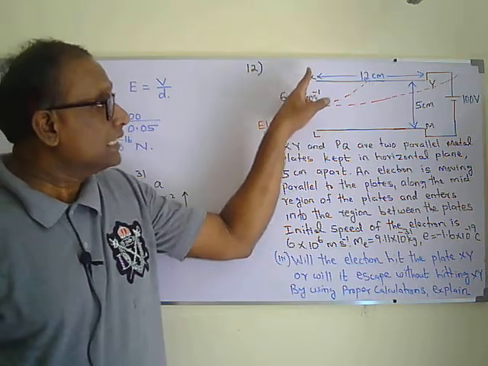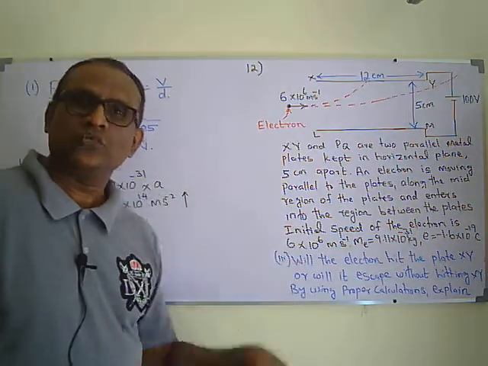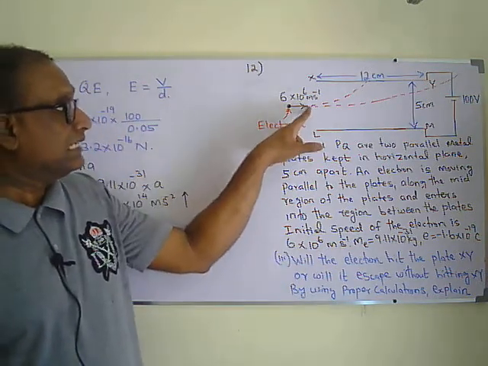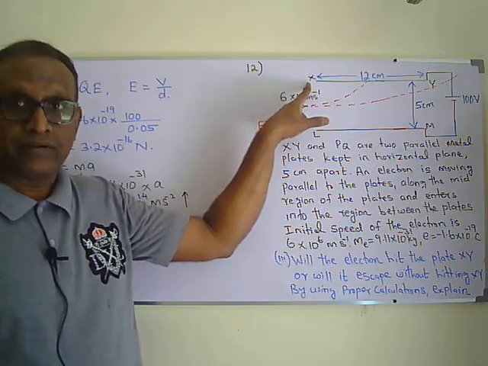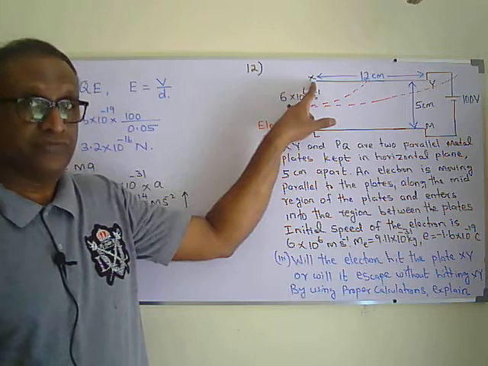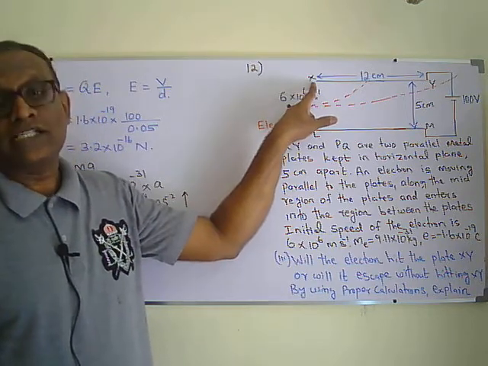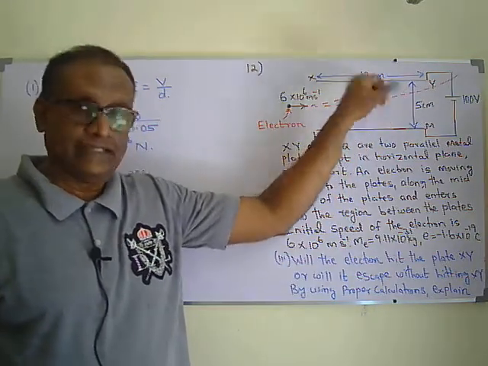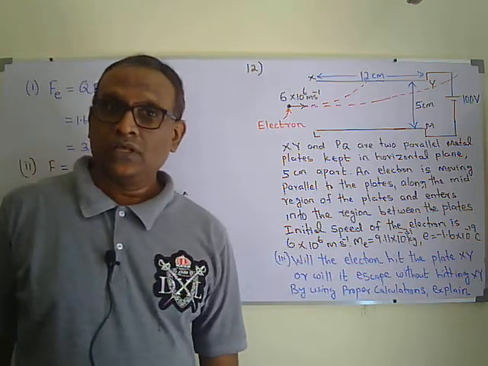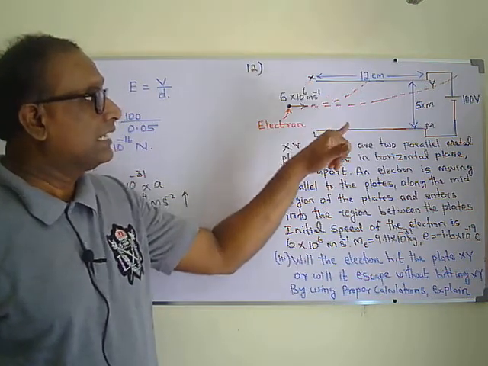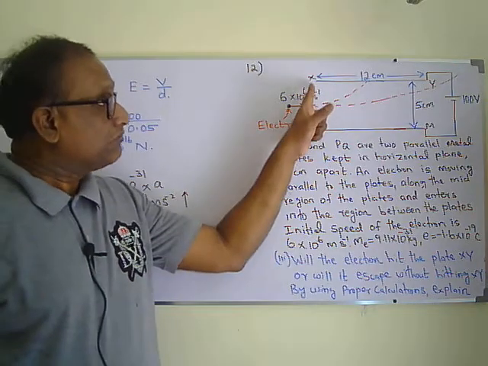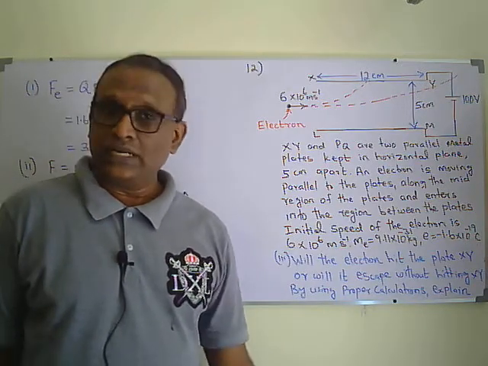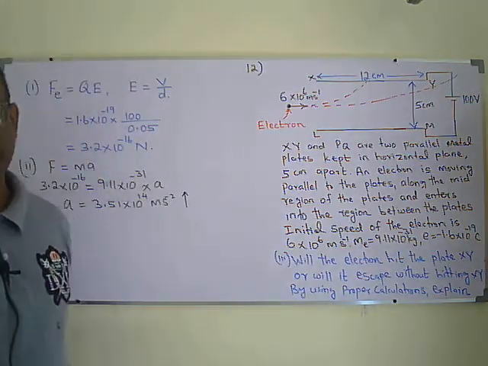So the displacement towards XY will be 2.5 centimeters. If, when it completes a vertical displacement of 2.5 centimeters, its horizontal displacement is less than 12 centimeters, that means it will hit the plate XY. That is one approach.